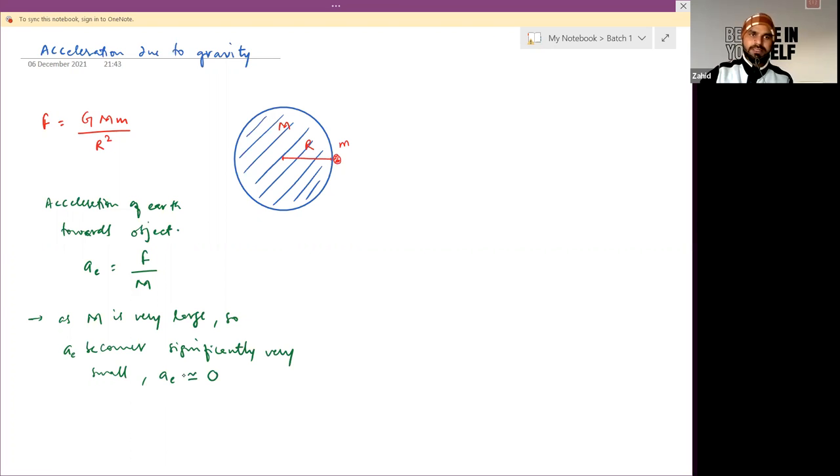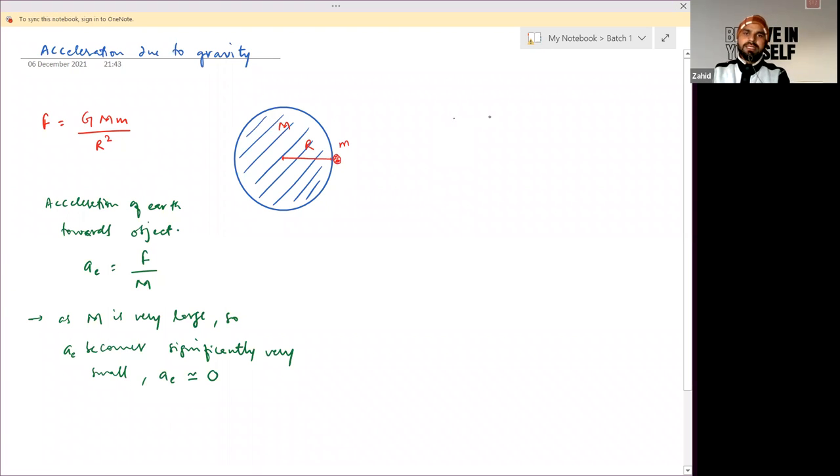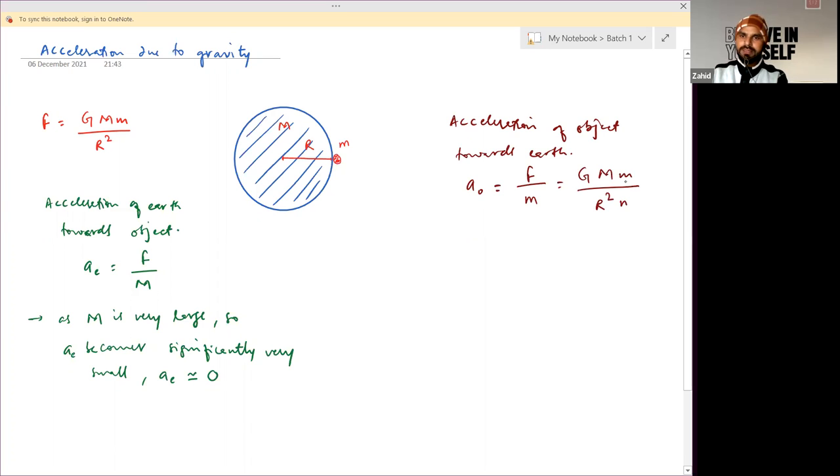Now for this object, acceleration of object towards Earth. So it will be a equals force divided by mass of it. If you put the value of force, it will be G M m by r square times m.